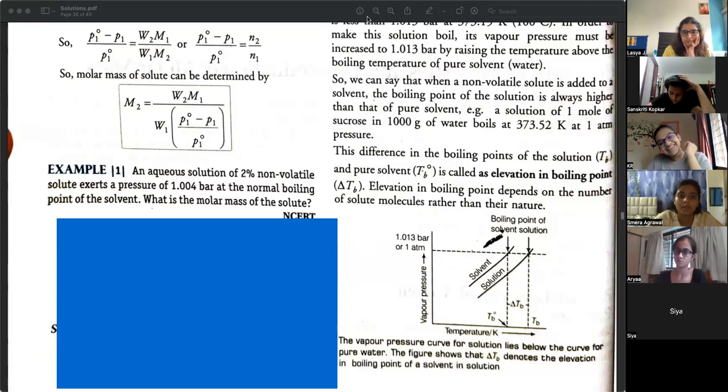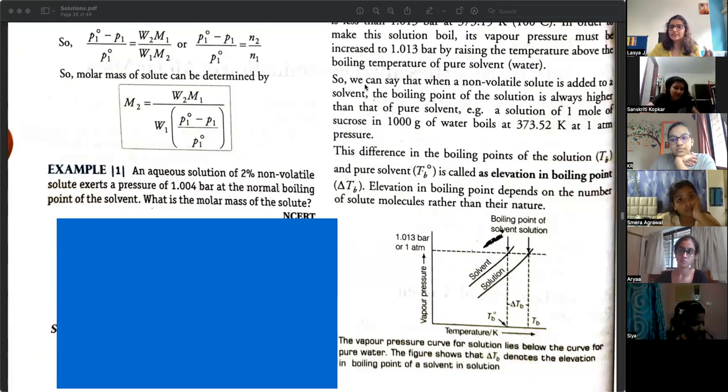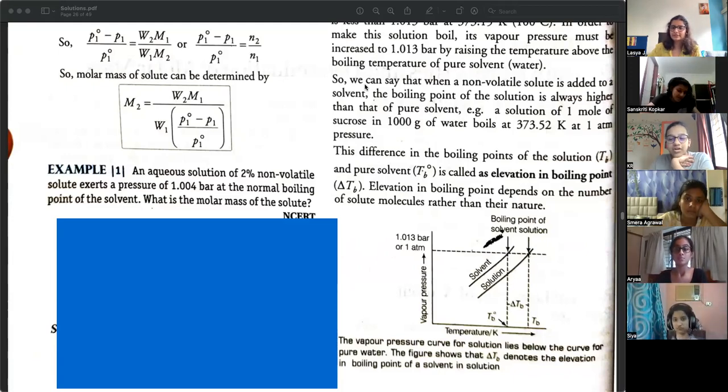How is this related? Like completely unrelated thing they're asking. Molar mass, how do we find? So once you know the mole fraction, you can find the number of moles, and once you get the number of moles, you'll get this thing.